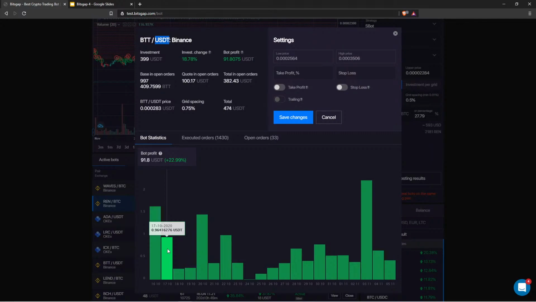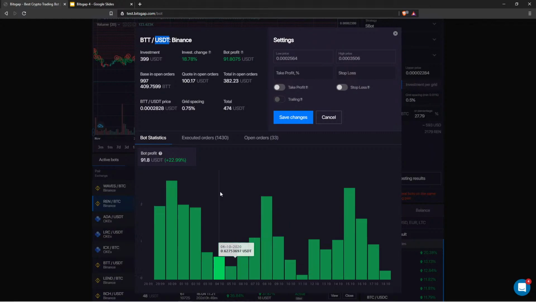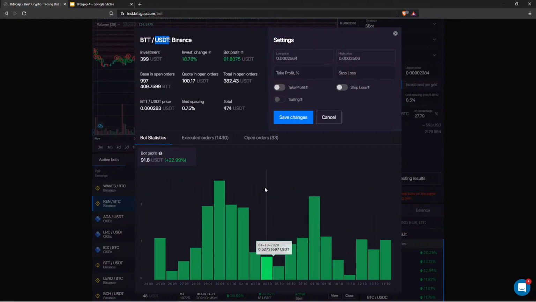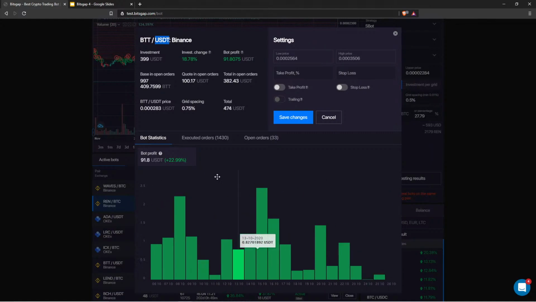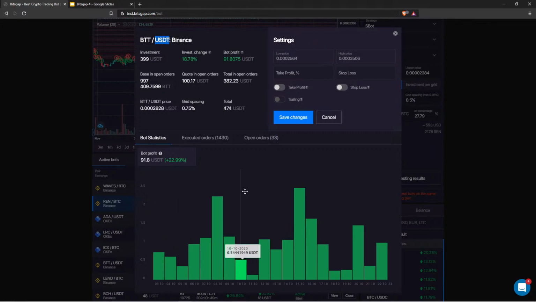So that was exactly 0.96 USDT. So you see, at some point in the past the profit is lower, sometimes it is higher. So having this overview provides you with an idea of what is the average return that you can expect. Well, it's not a 100% perfect metric, because you just can't visualize it.